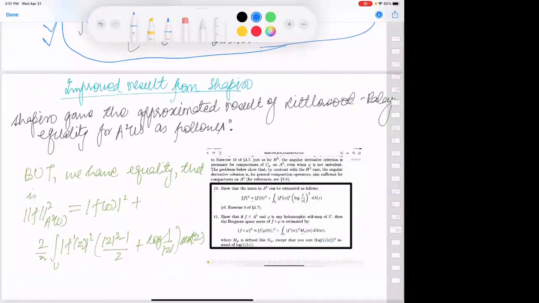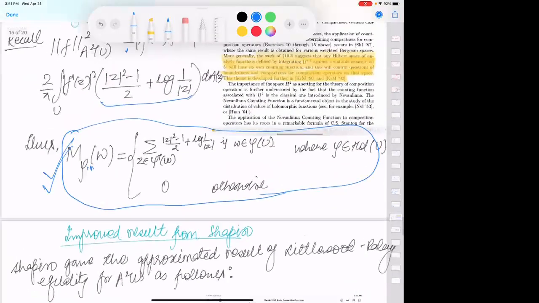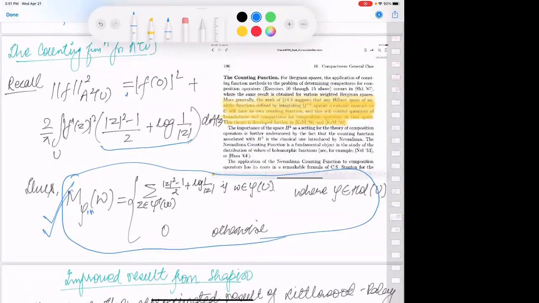What I want to say, with all due respect to Shapiro's work and everybody's work, is this: I have the Littlewood-Paley equality for Bergman space, and as Shapiro already said in this excerpt, when you have a suitable measure multiplied by |f'(z)|^2, that particular function is going to be the Nevanlinna counting function for Bergman space.